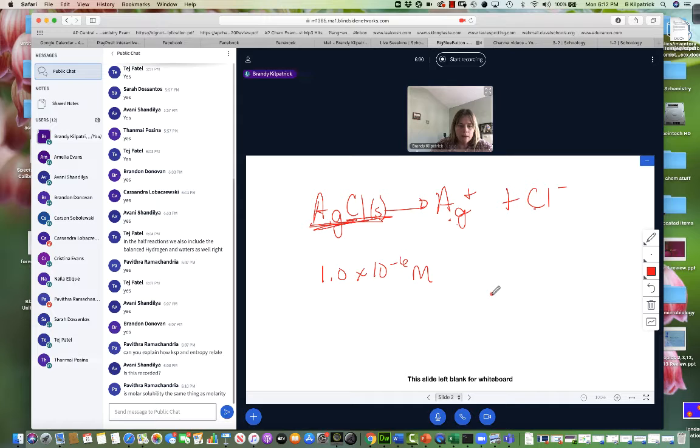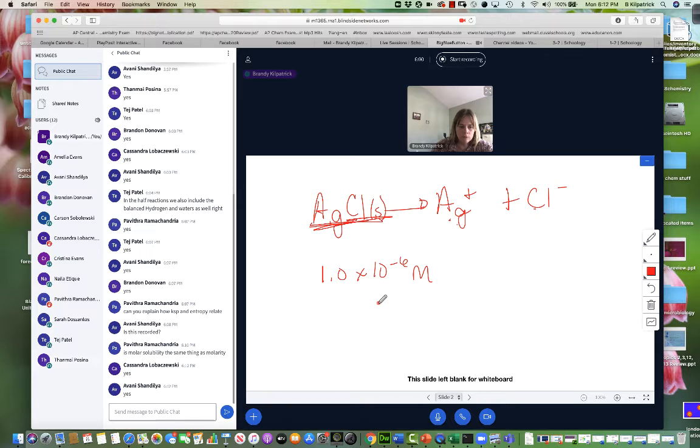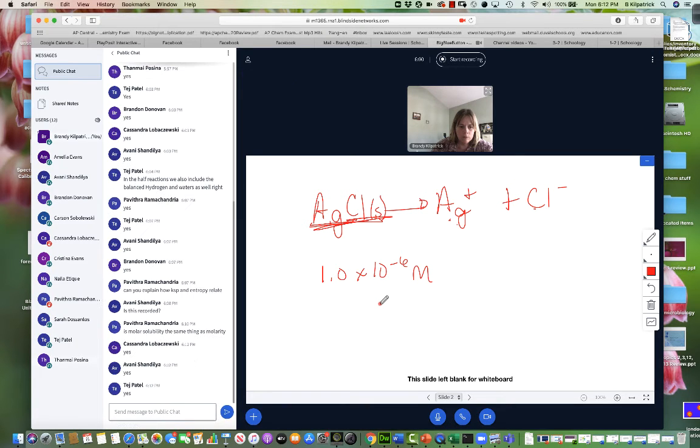Okay, so how many of you have already watched the KSP video, right? Okay, and then how many of you have watched maybe the next 2 parts where you're looking at the common ion effect and also whether it will make a precipitate? So if you have this substance and this substance and you mix them together, is it actually going to make a precipitate or not?